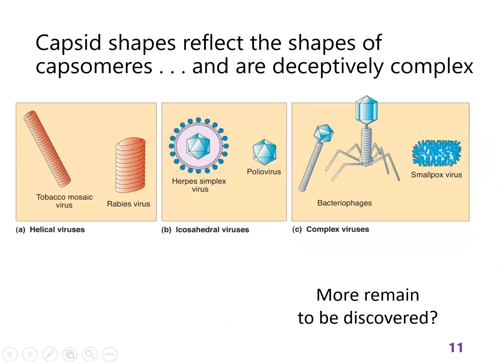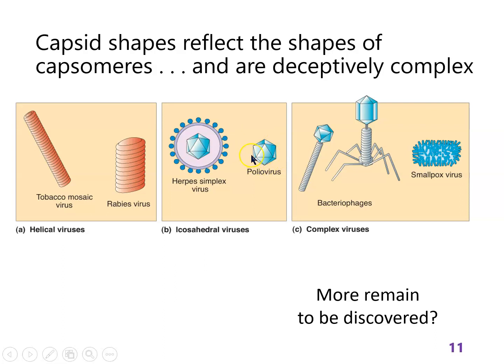So here are some capsid shapes that we see in nature. And these are all based on the capsomere proteins and how they assemble kind of randomly. And what we see, a lot of them are icosahedral. So the capsomeres make one of these regular structures.